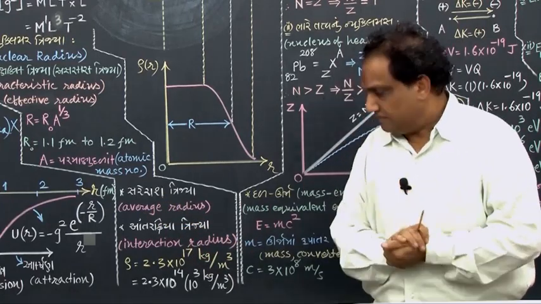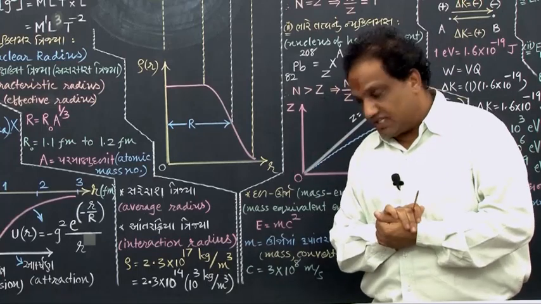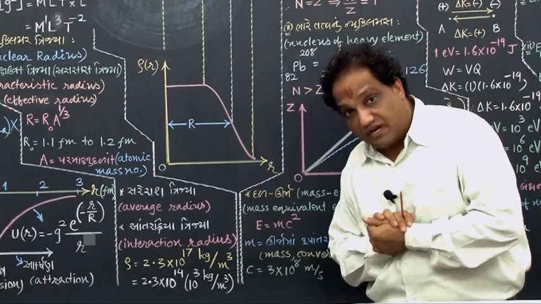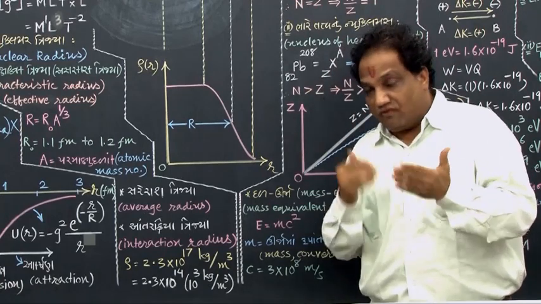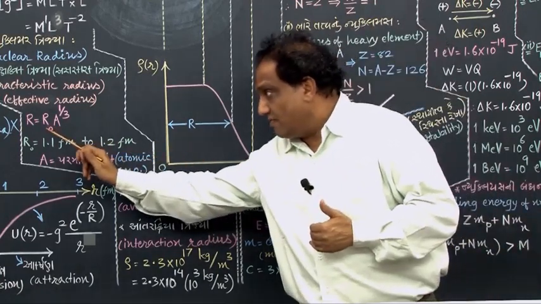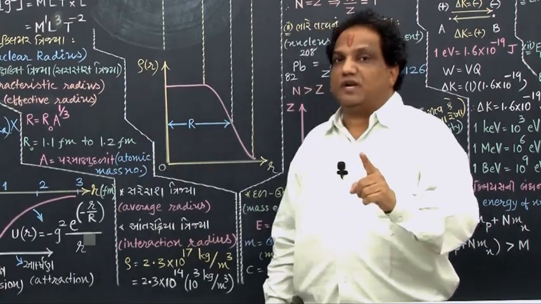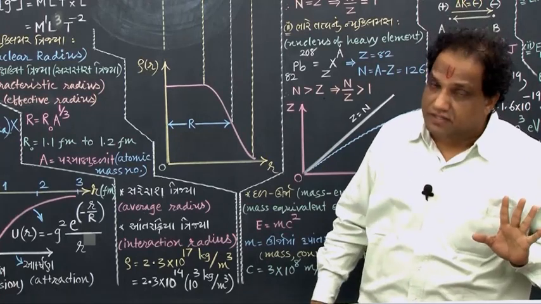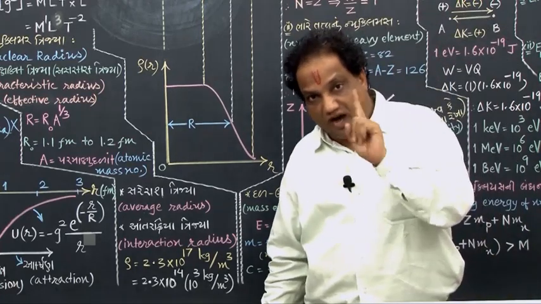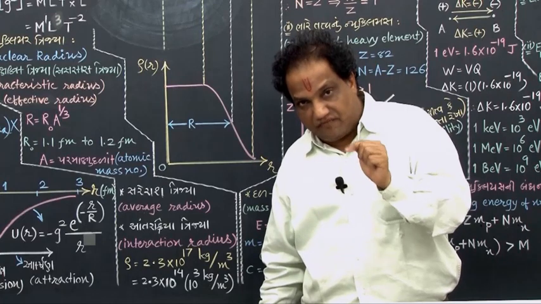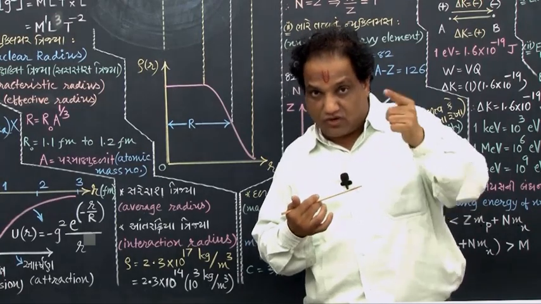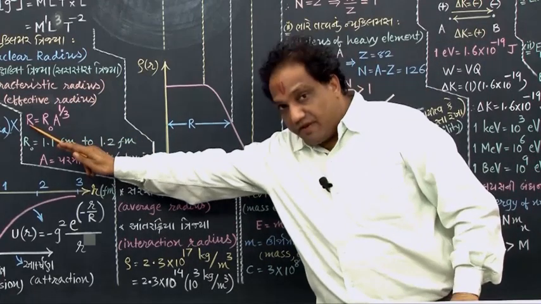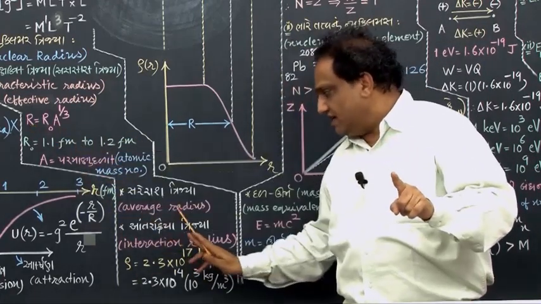There is one more radius which is defined this way. It is interaction radius. See, what will be the value of R0? That depends on through which experiments you are finding the value of R. If you are finding the value of R using the experiments in which there are collisions between electron and nucleus, then value of R determined is known as average radius.